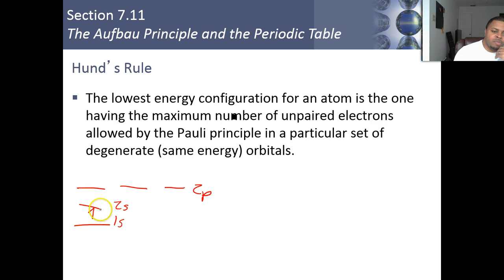If I've already filled my 1s orbital, already filled my 2s orbital, these each represent electrons, of course. If I have, say, nitrogen, instead of going like this, which is what we'd expect to happen, the electrons will actually fill in such a way that it will give each of them the lowest amount of energy needed to expend. So instead, one will go into each space.